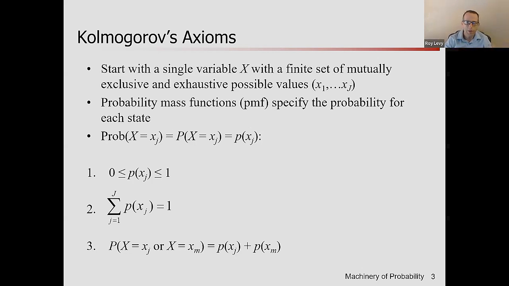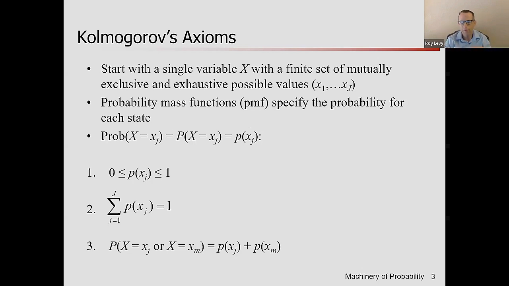There are three basic axioms here that we'll use to build off of. One is that probability has got to be between 0 and 1. So if we're doing a calculation and the probability of something comes out to 2.7, something has gone wrong somewhere. The second one is that the sum over all different possible states of the probabilities has got to add up to 1.